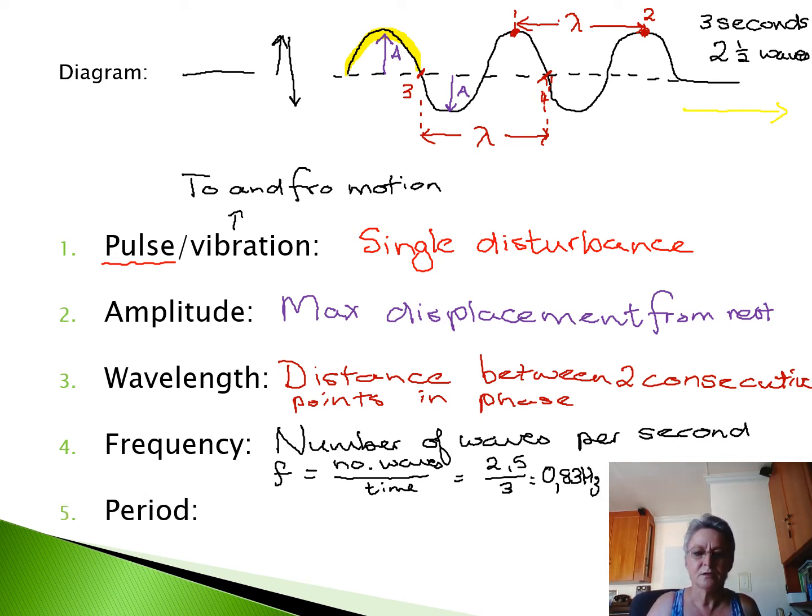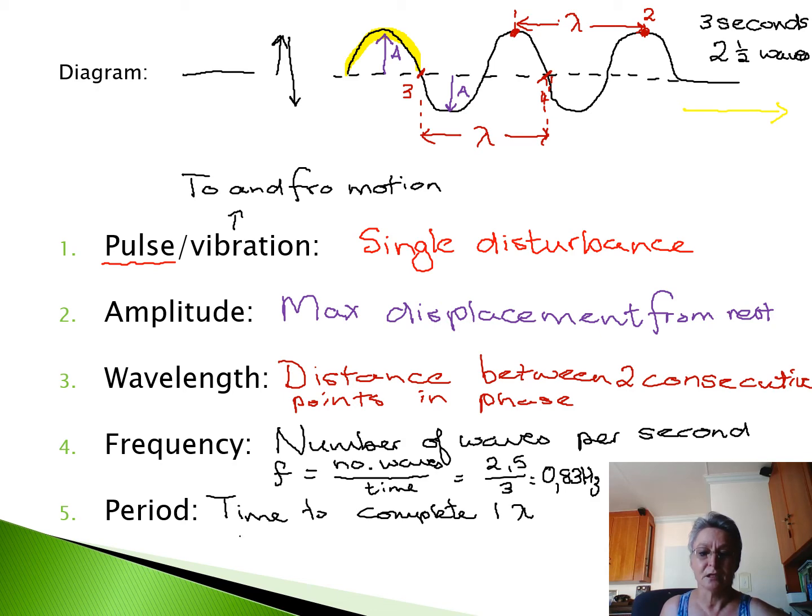Following frequency, we get period. Now, period is the time to complete one wave. If you look at the definition of period, it's time per wave.